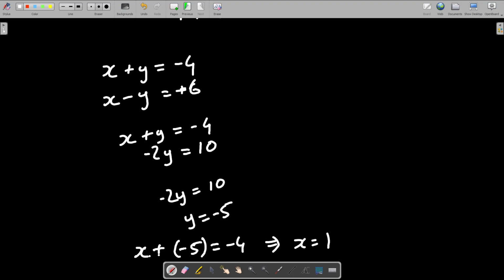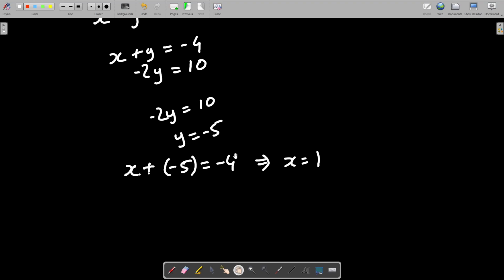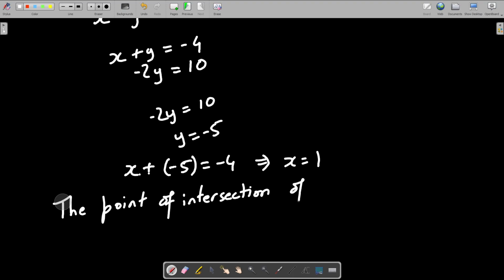So what is the point of intersection for us? The point of intersection of two lines is 1 comma minus 5.